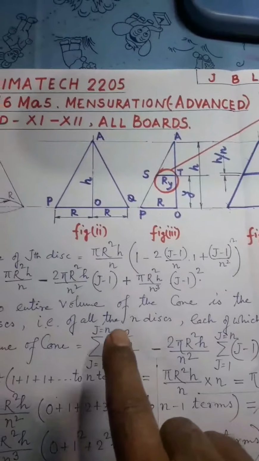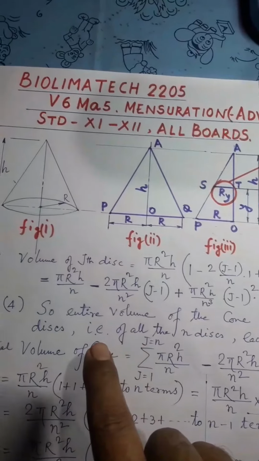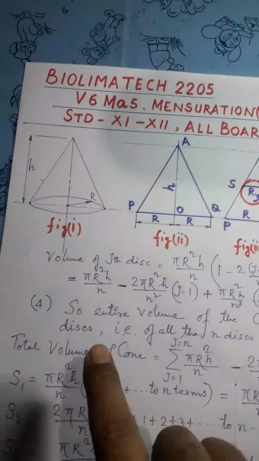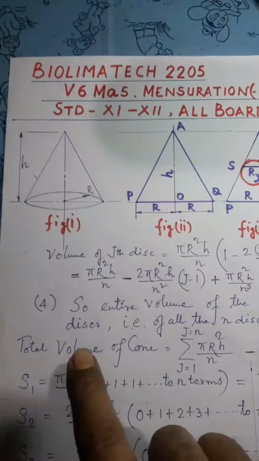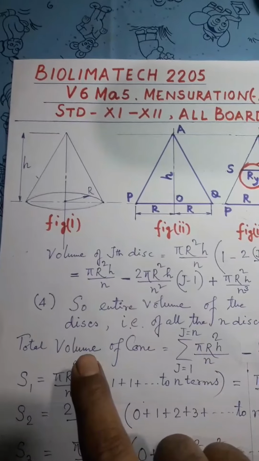However, we have also found out the general relation giving the radius of the disc in terms of its height from the bottom.